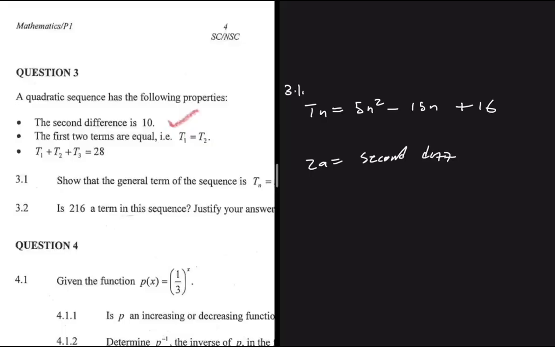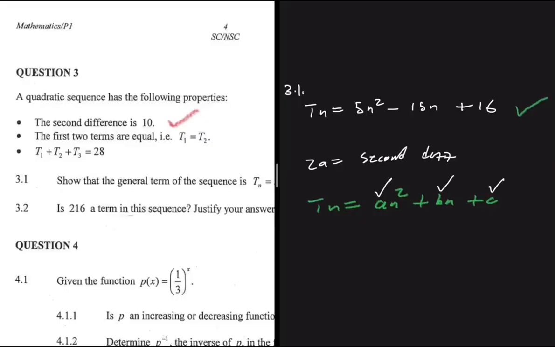Under normal circumstances, a quadratic sequence has the following format: Tn is equal to an squared plus bn plus c. Essentially we're trying to find the value of a, the value of b, and the value of c. If we do that, then we are supposed to have 5n squared minus 15n plus 16.